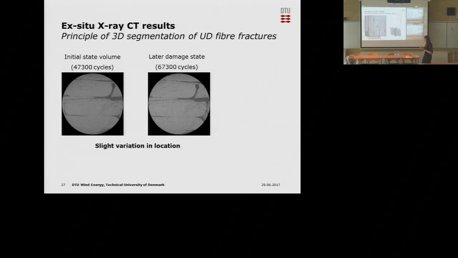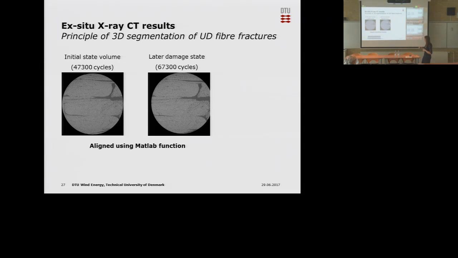So what I tried to do was to do some automatic segmentation of these fiber fractures. And what I did was to initially align the initial state volume with the later state volume with each other, because when you take the specimen in and out of the scanner, although you might have equipment that does that, it will still have some variation.